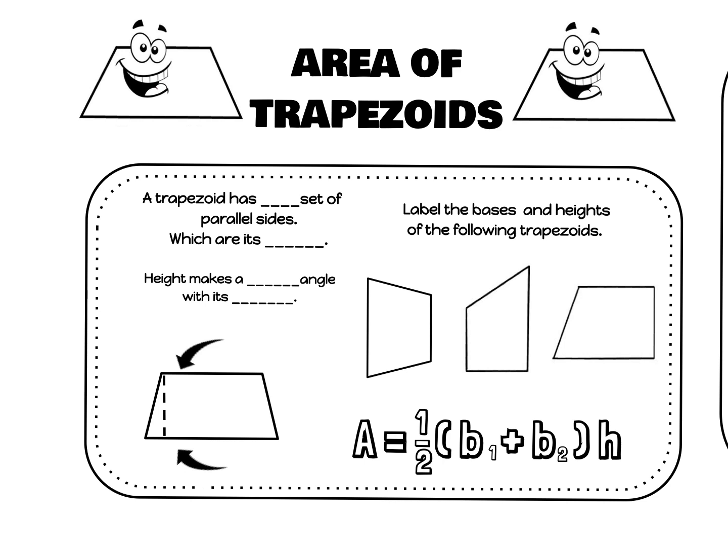So a trapezoid has one set of parallel lines, and remember, parallel lines are lines that keep on going forever and ever, and they don't meet, which are its bases. Height makes a right angle with its base.